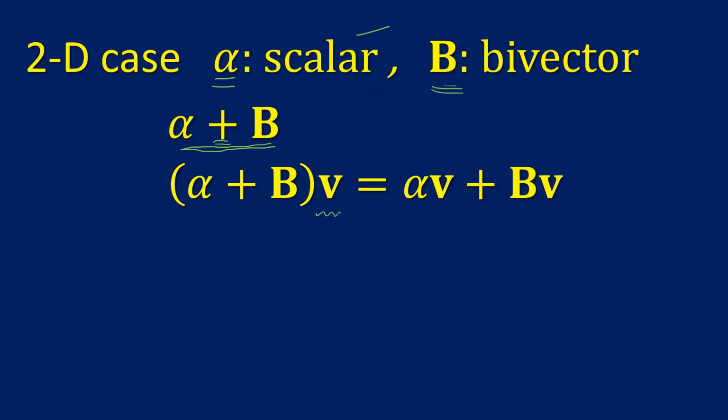Well, okay, in the two-dimensional case, we are operating within a single plane, so that vector is going to be perpendicular to the plane, and b, this bivector, is just a chunk of that plane. So b and v are parallel.